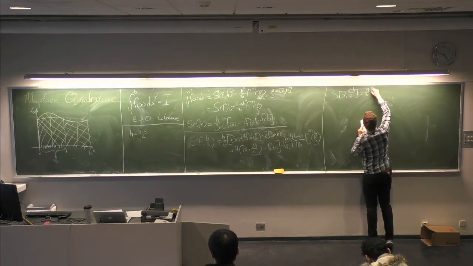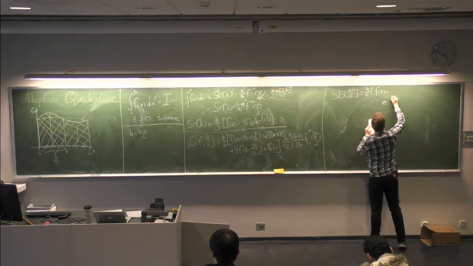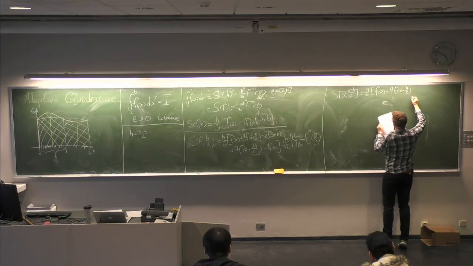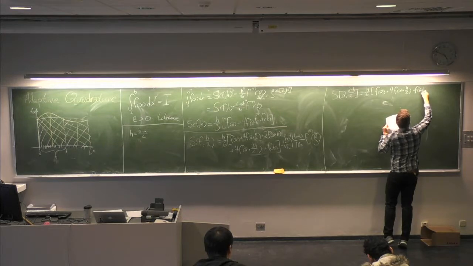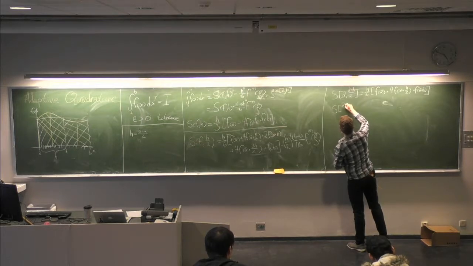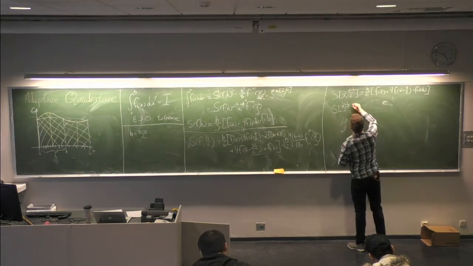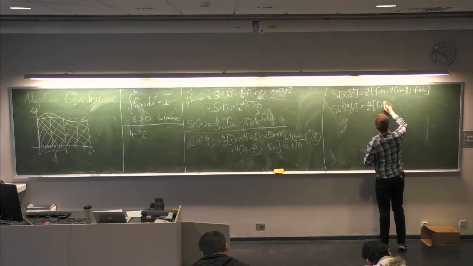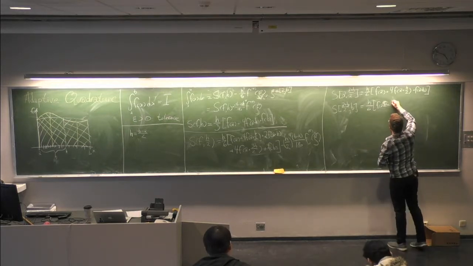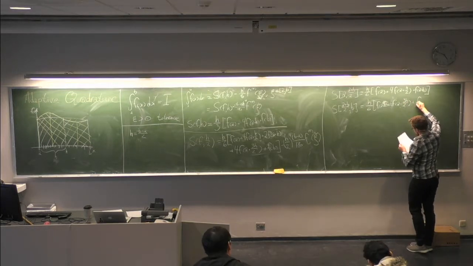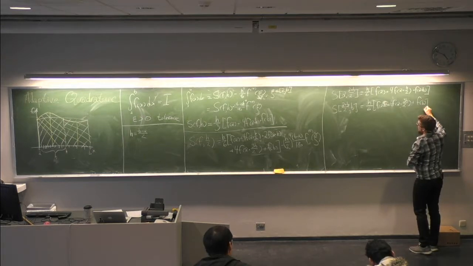H over 6 a plus, and then the middle one, f of a plus h over 2, plus f of, like so.